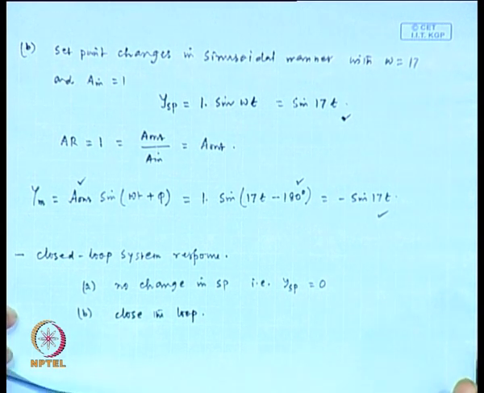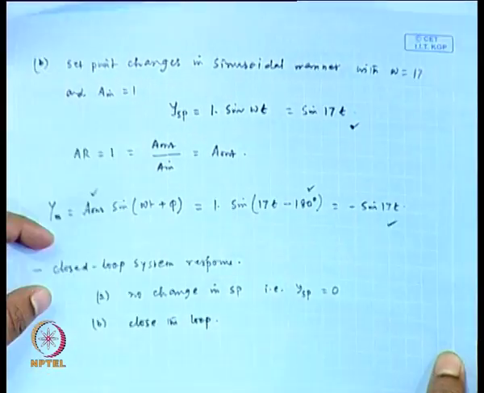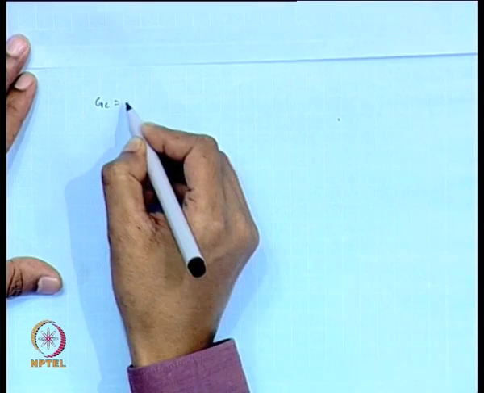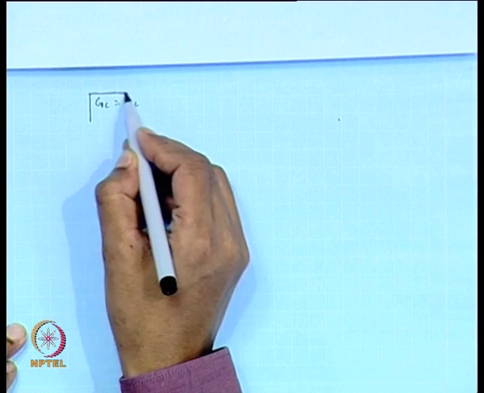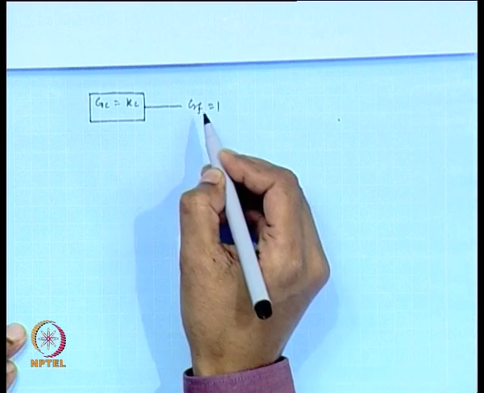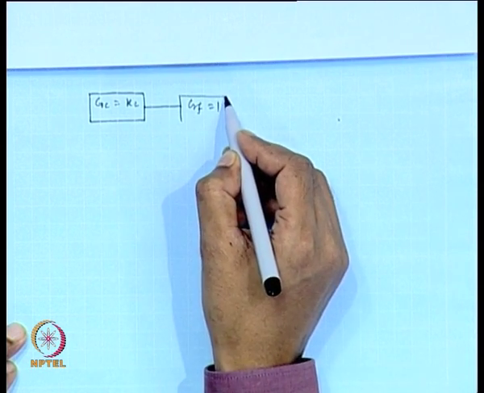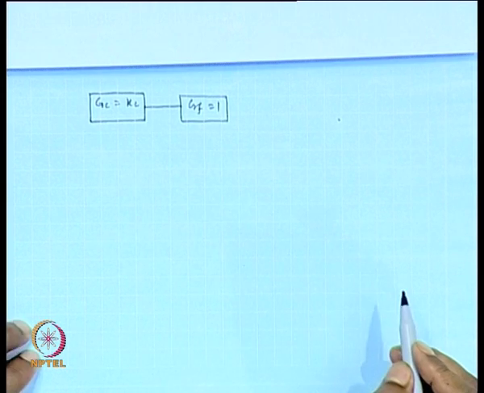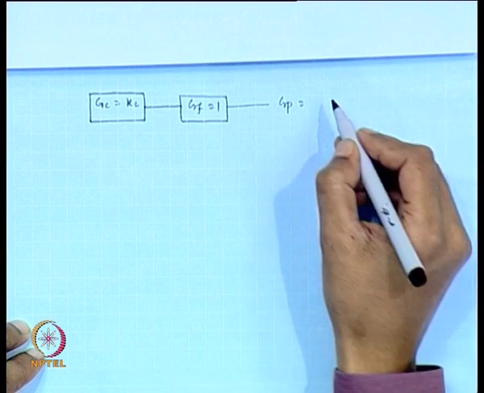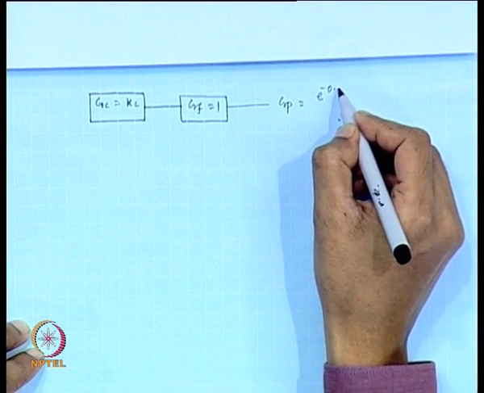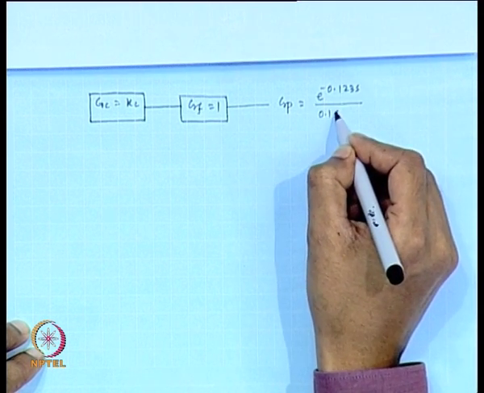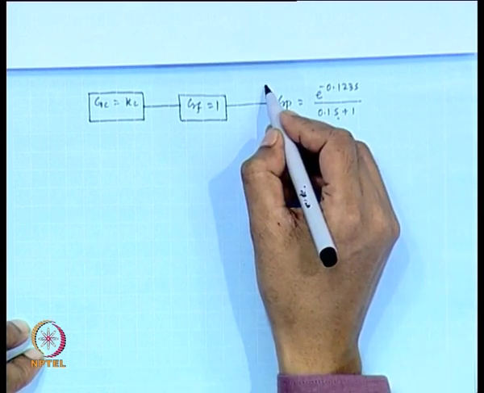So, what will be the corresponding block diagram then? Controller is this one, the final control element has the transfer function of unity. Process transfer function is exponential of minus 0.123 s divided by 0.1 s plus 1.